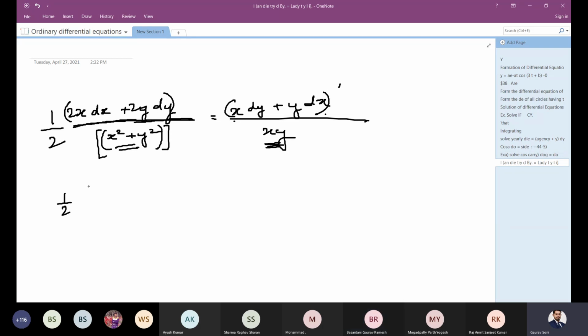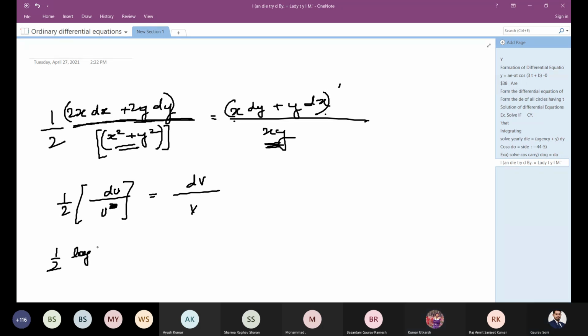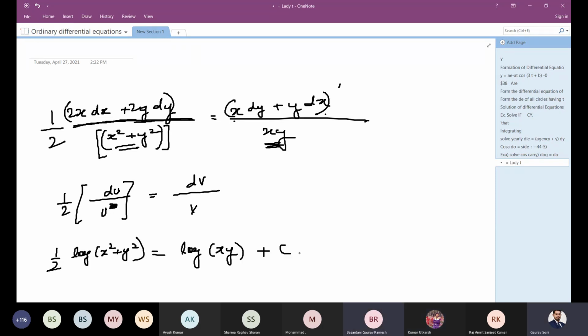So I can write this term as u du, and this term as v dv. Very easy, sir. So that will become 1 by 2 log of (x square plus y square) equals log of xy plus c.